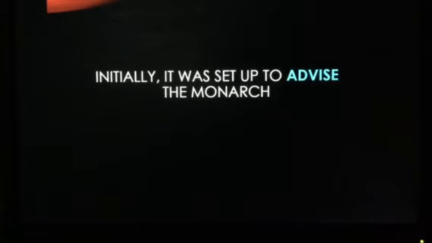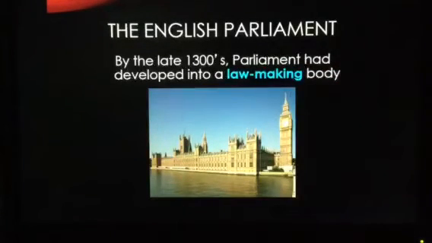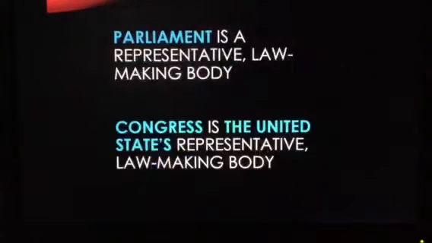Initially, the Parliament was set up to advise the monarch. By the late 1300s, the Parliament had developed into a law-making body, not just advising the monarch, but actually making laws. Its role expanded from advisory to lawmaking.